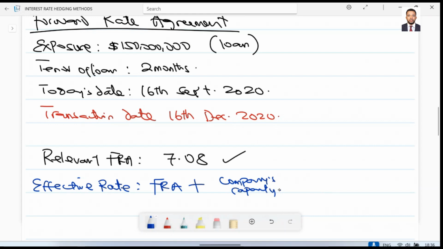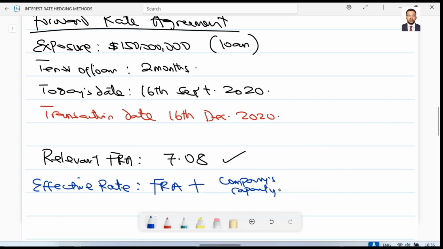The only thing that is common to the two of us is this FRA, because if you get to this market, the FRA will be quoted for us. But our capacity is different. If you go to the bank today to borrow money, and Dangote also goes to the bank to borrow money, who would likely get cheaper rates from the bank? So it's because of what? The risk, the capacity, the earnings, and all of that.